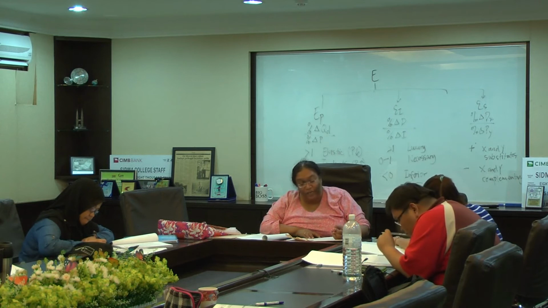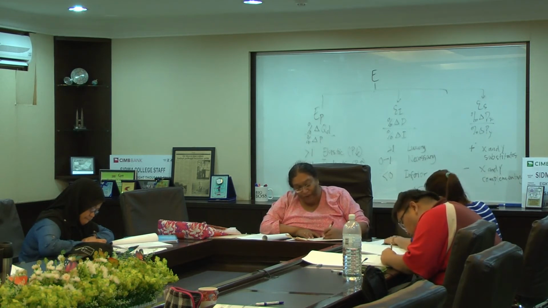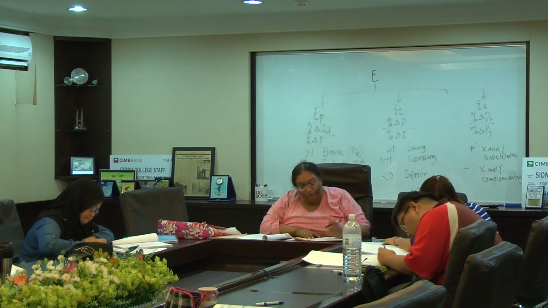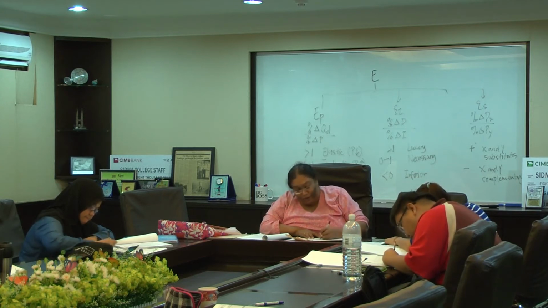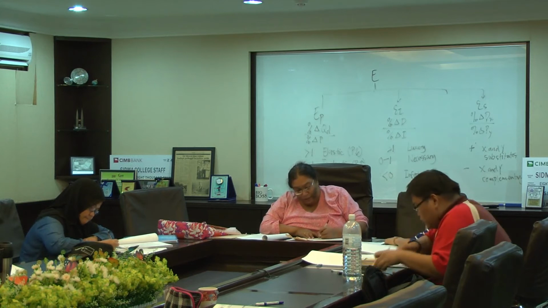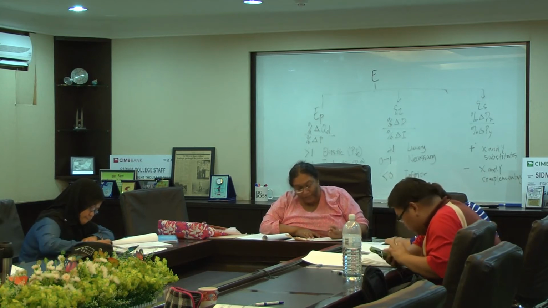So the percentage change in income: 55 minus 45 divide by 45 times 100. So what do you get? How many percent is this?